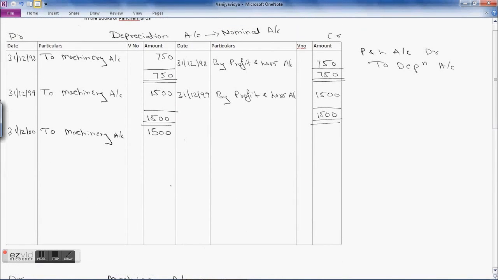Okay, and now let's close depreciation. We'll just transfer this depreciation balance to profit and loss account. Okay, 31/12/2000 by profit and loss account 1500.